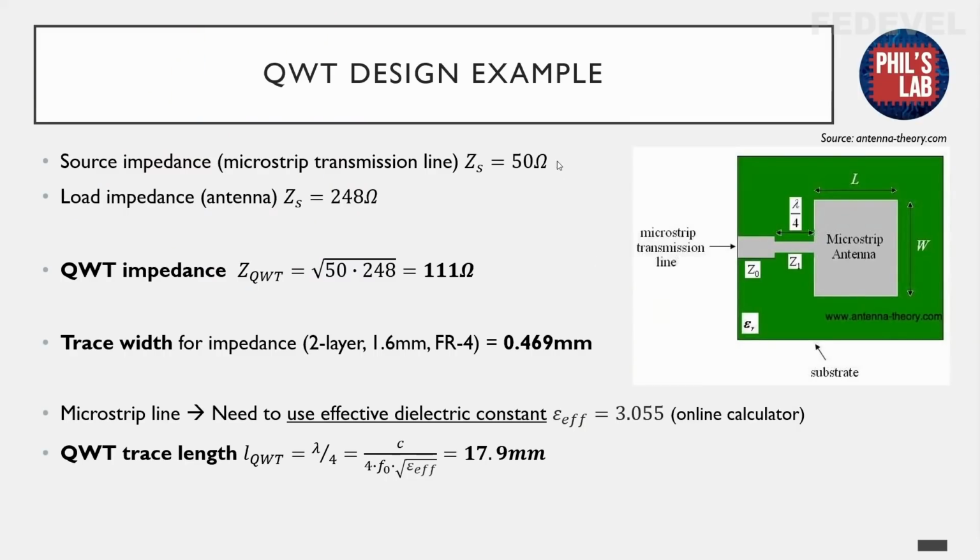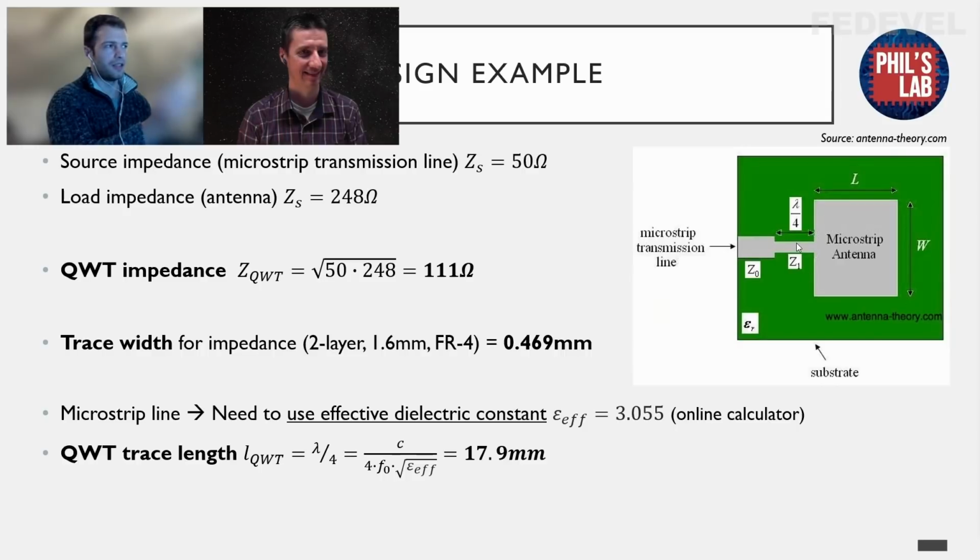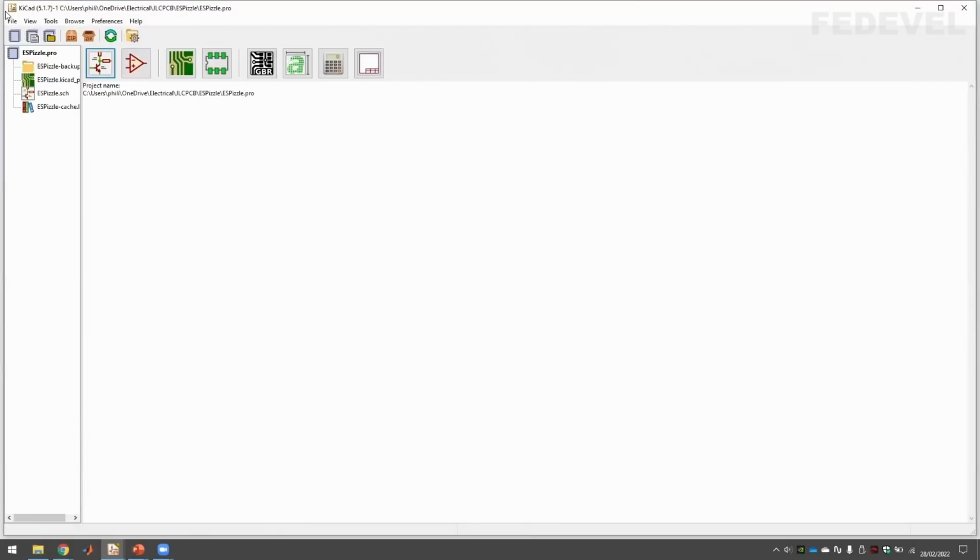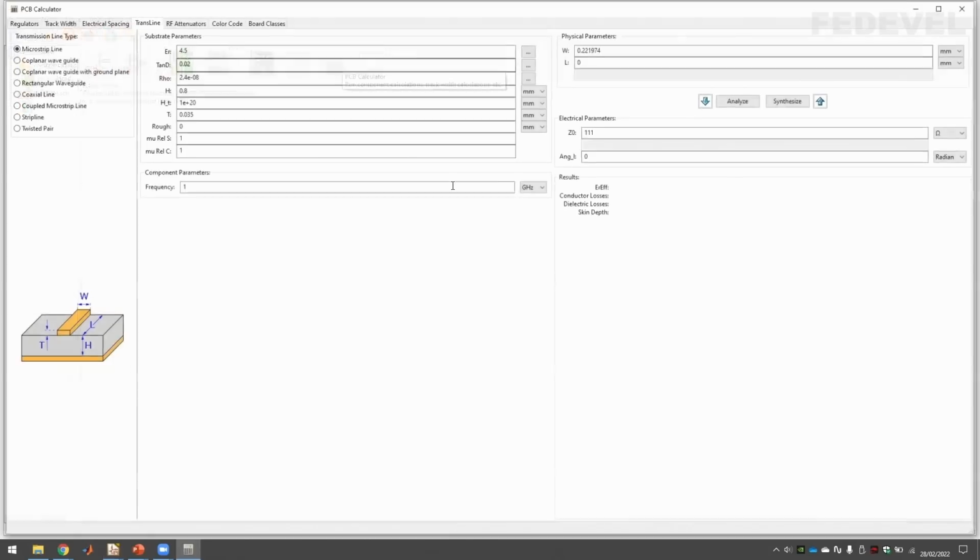So it turns out that the geometric mean of 50 and 248 is 111 ohms. So for this trace, we have to design the width such that it is 111 ohms characteristic impedance. And it turns out we can use, for example, the KiCad calculator. So the PCB calculator on the main page.